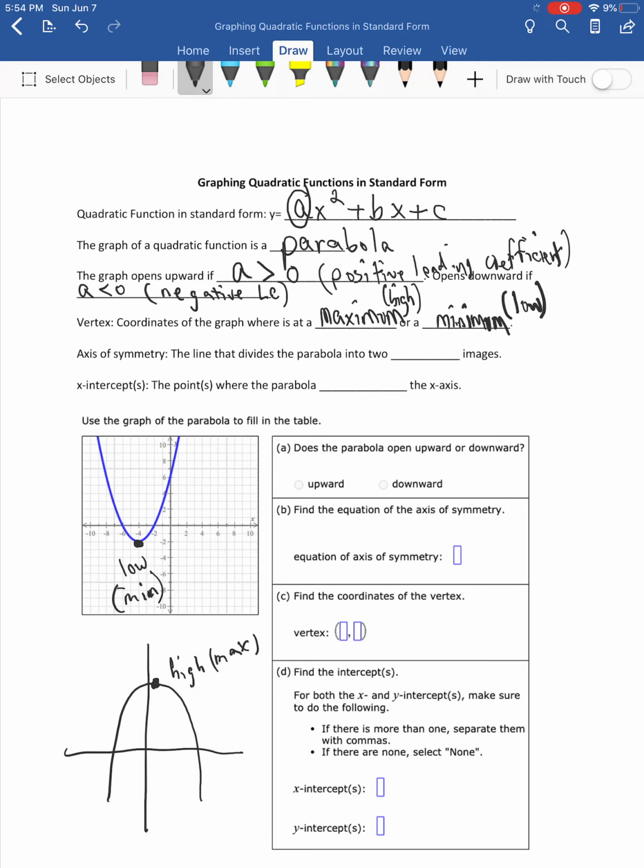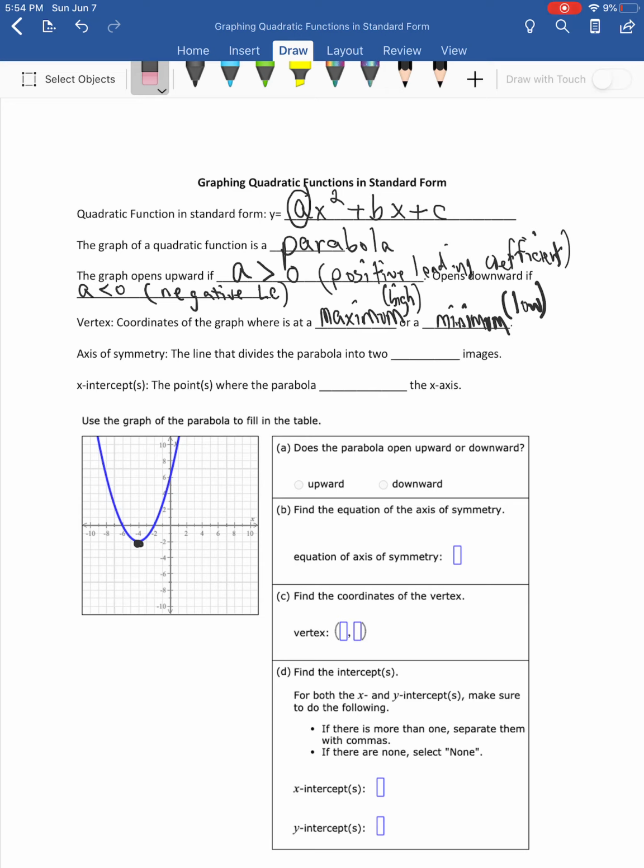Let's see, what else? Parabolas have a symmetry to them. If we drew a line, I'm just going to draw it with a dashed line over here, the parabola is symmetric with respect to a line drawn through the middle, through the vertex.